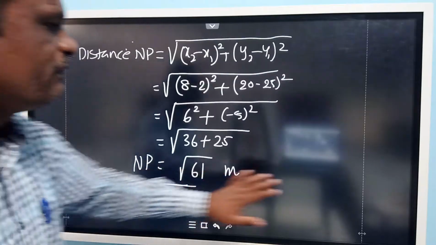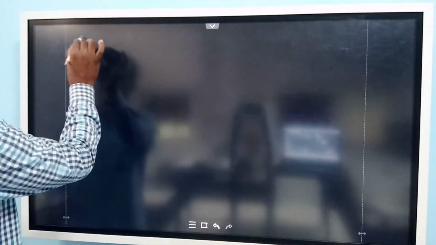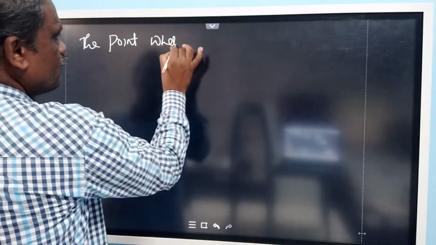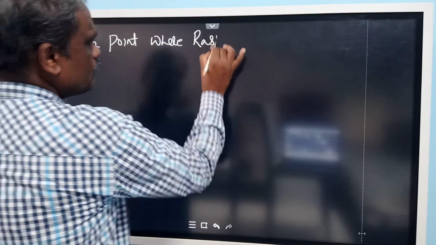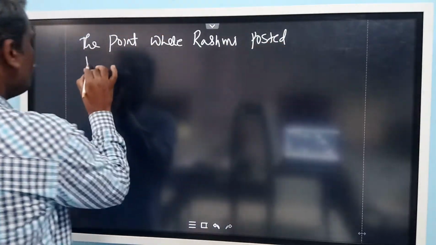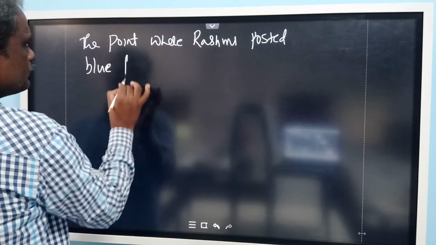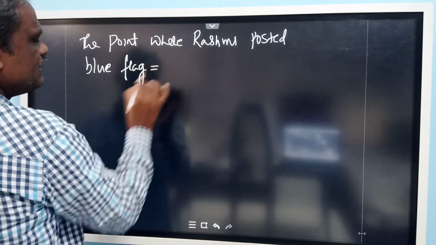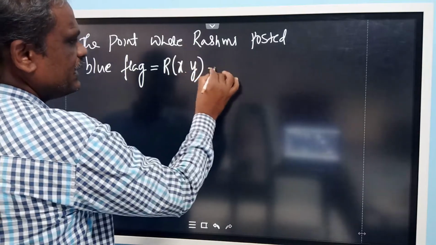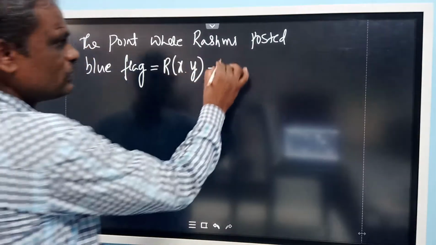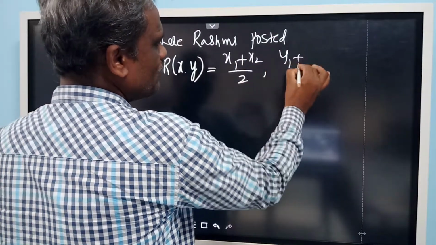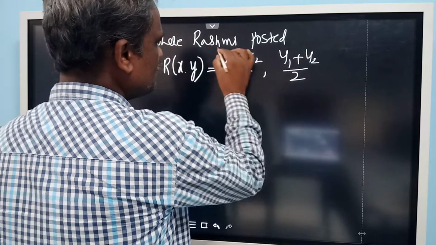The point where Rashmi posted the blue flag, you can call it R of x comma y. It is the midpoint, so you use (x1 plus x2) by 2, then (y1 plus y2) by 2.